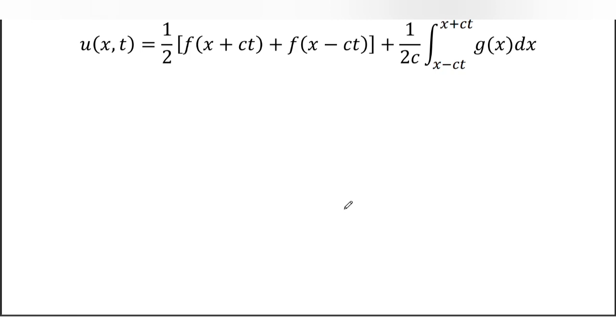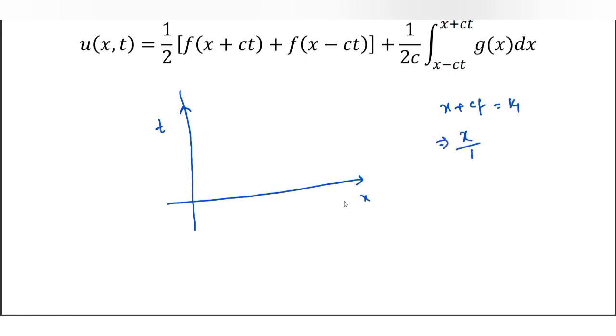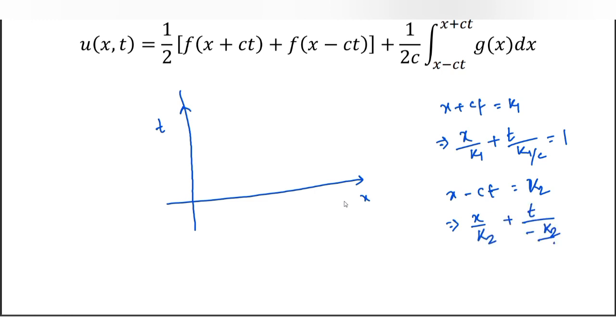This is the domain of dependence. So if this is the x-axis and this is the t-axis, then x + ct equal to k1 implies x by k1 plus t by (k1 by c) equal to 1, and x - ct equal to k2 implies x by k2 plus t by (-k2 by c) equal to 1.